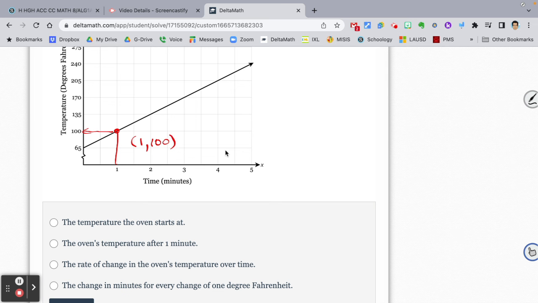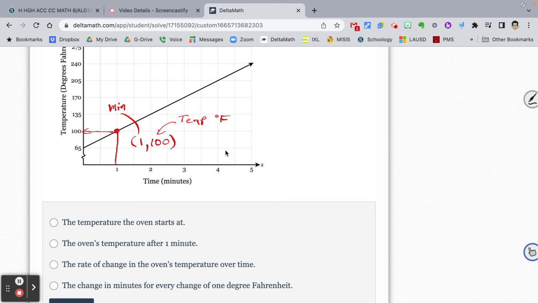And remember what we're measuring. What are we measuring on the x-axis? Minutes. Time. What are we measuring here? Temperature, in degrees Fahrenheit. So let's see if we get anything. Look it over and make a choice. Which is the most reasonable? The temperature of the oven, it doesn't start there.